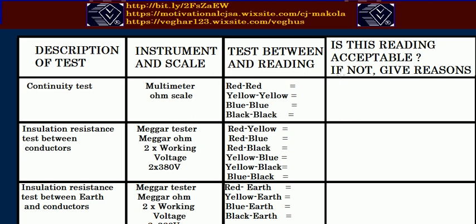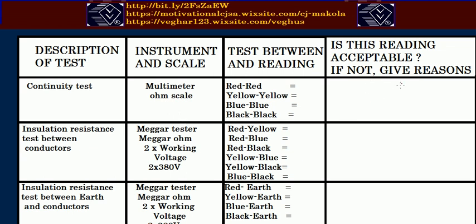Where the condition is acceptable, you write acceptable. Where it's not acceptable, give the reason. You have to know why it's not acceptable, and state whether it is an open circuit or a short circuit. The regulation states that the readings must not be far away from each other, within 5%.